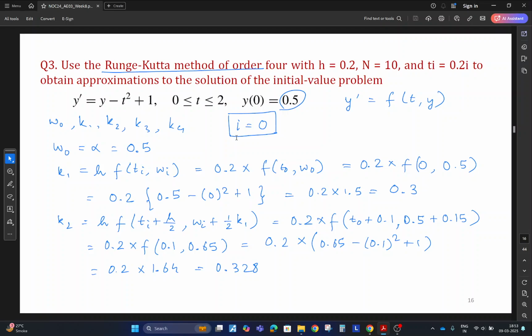So we see the very interesting property that the RK4 method is actually used for solving ODEs and initial value problems.